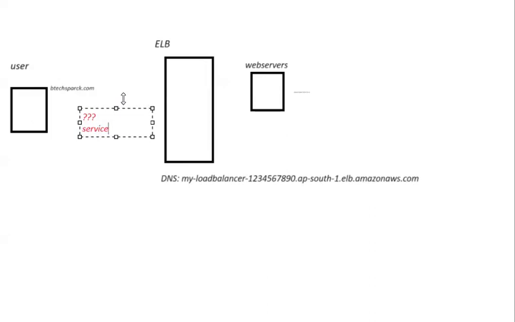So is there any service provided by AWS where it can remember both my domain name as well as my elastic load balancer URL, and whenever my user requests my domain name, the request must reach my ELB DNS URL? So the service will convert the user requested website URL to this elastic load balancer URL.